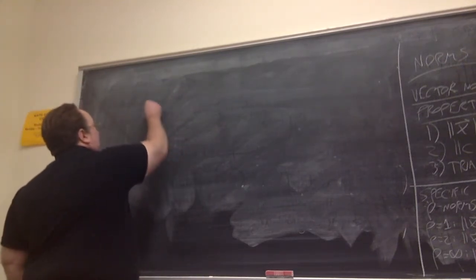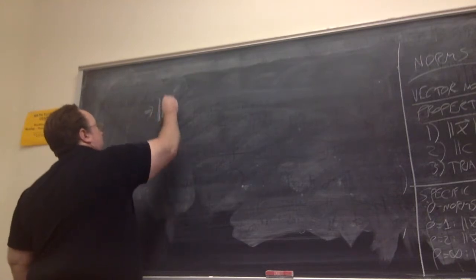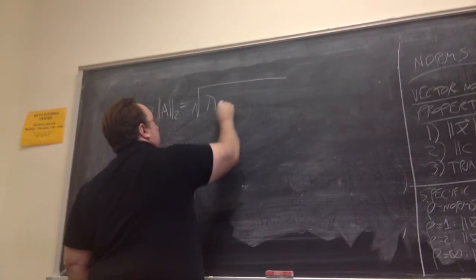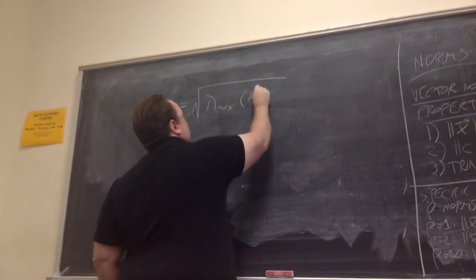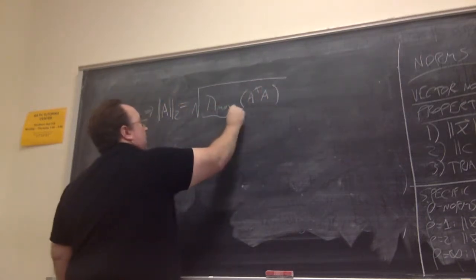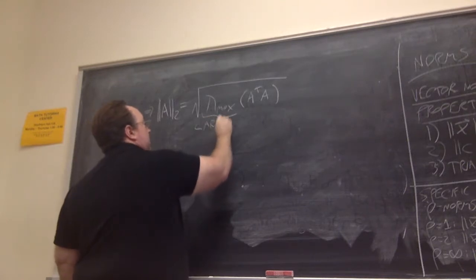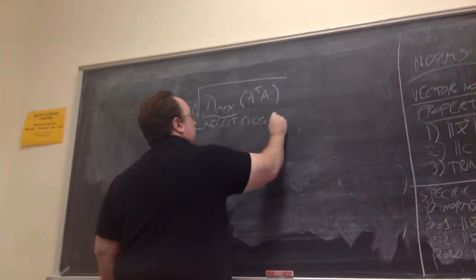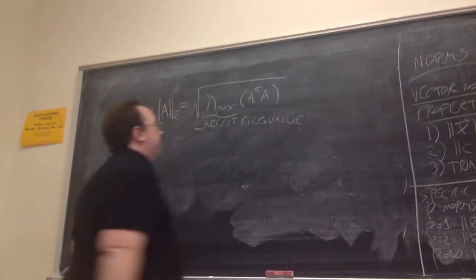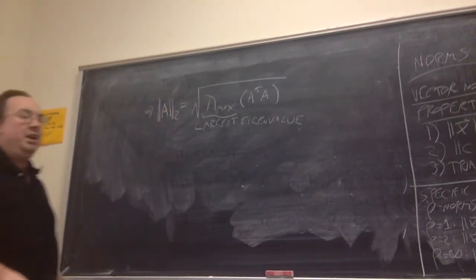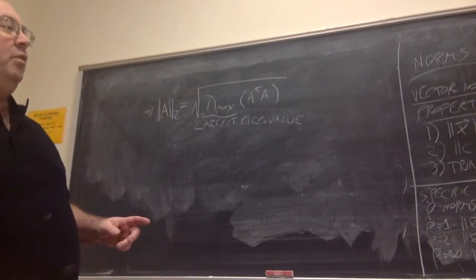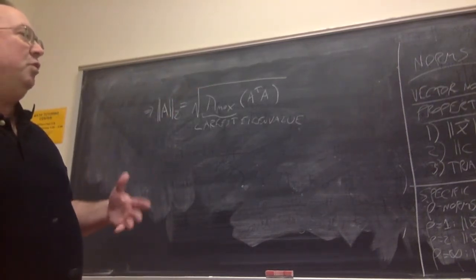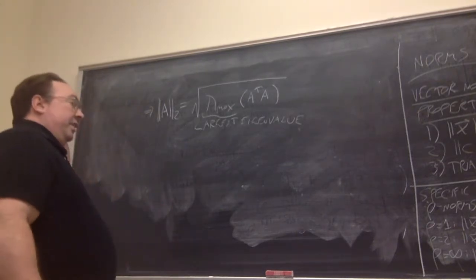So the matrix 2 norm is the square root of the largest eigenvalue of A transpose A. And the square root is because my definition of g of x was the 2 norm squared, so I had to take the square root for this.